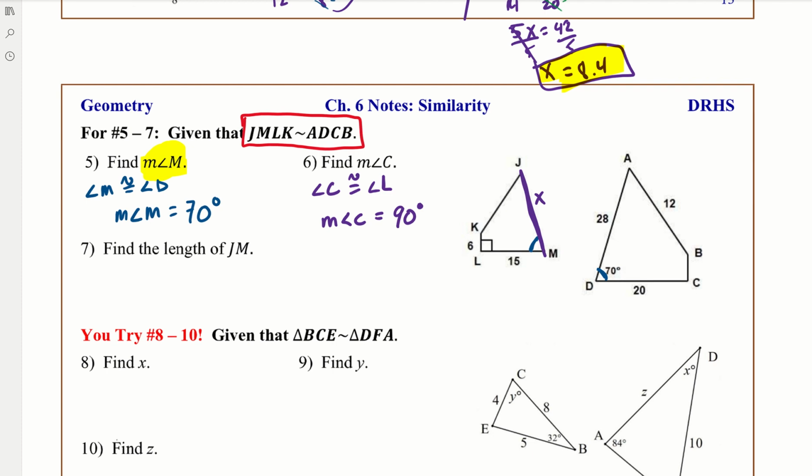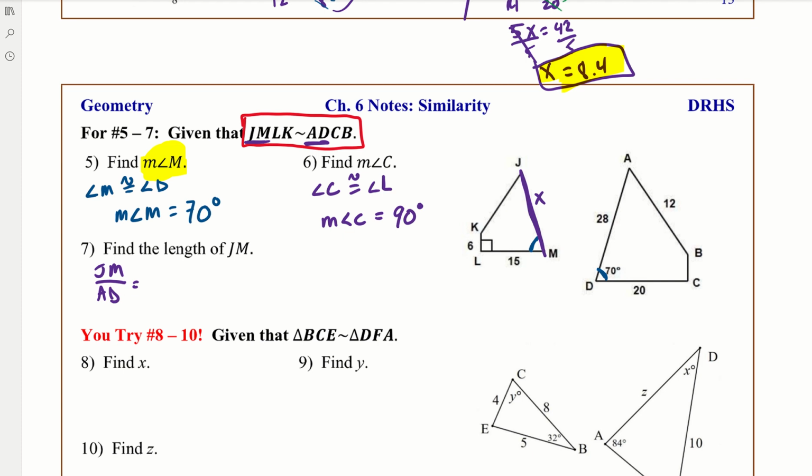I know that JM, I'm going to write it in letters first, is proportional to AD. I'm not trying to figure anything out based on the diagram. I'm looking literally at this similarity statement.